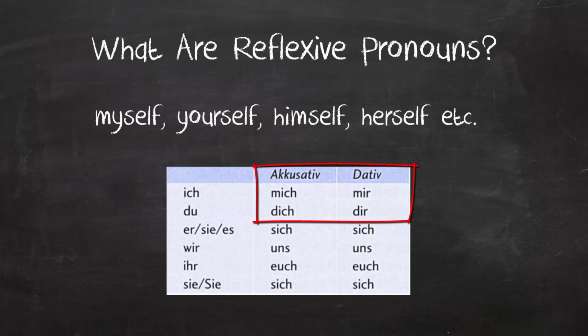You see that only the I and you forms, mich, mir, dich, dir, are different in accusative and dative case. All the rest is the same. Sich, uns, euch, sich, the same in accusative and dative.